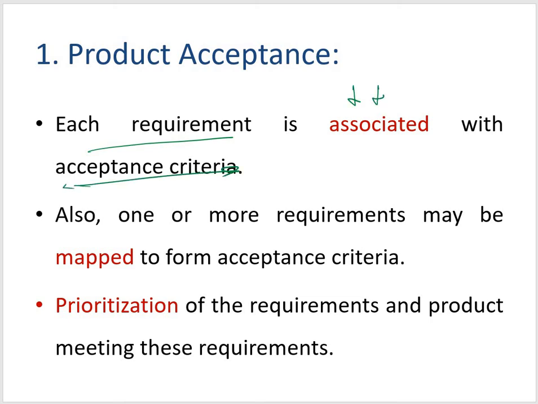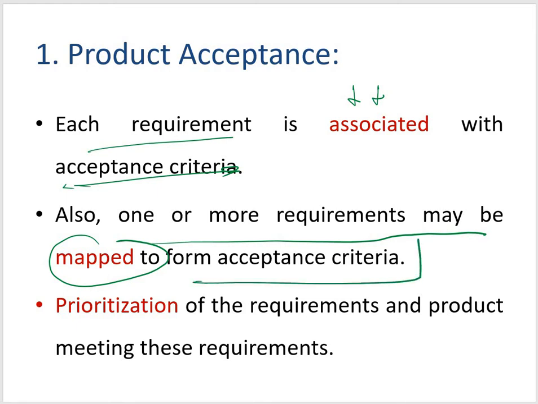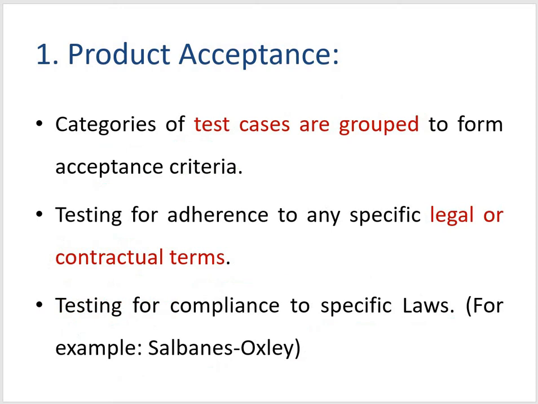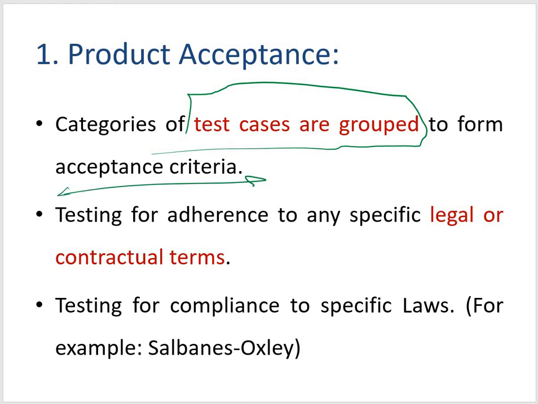So coming back to this, let's talk about your product acceptance. In this, each requirement is associated with your acceptance criteria. Additionally, one or more requirements may be mapped to form your acceptance criteria, and the prioritization of the requirements and the product meeting these requirements is necessary. Right.